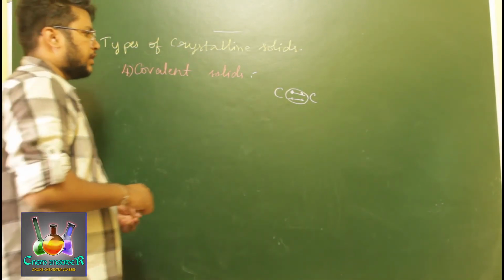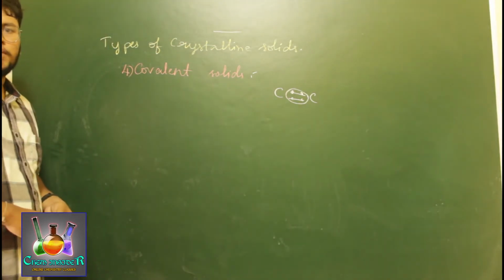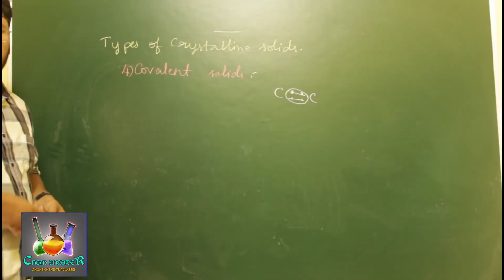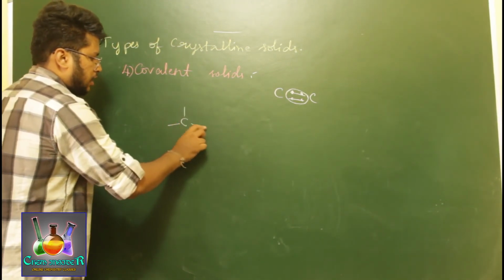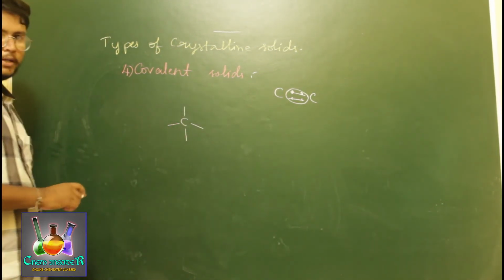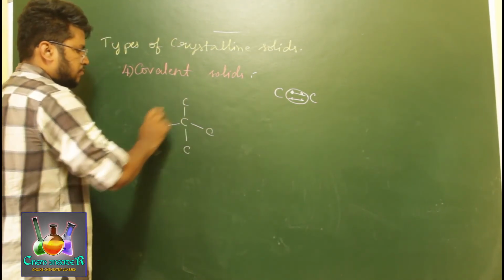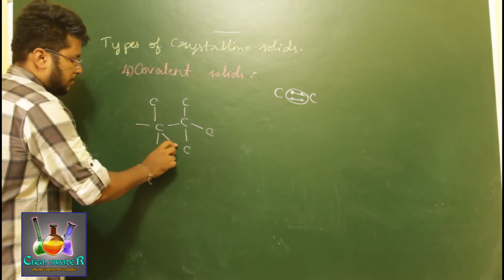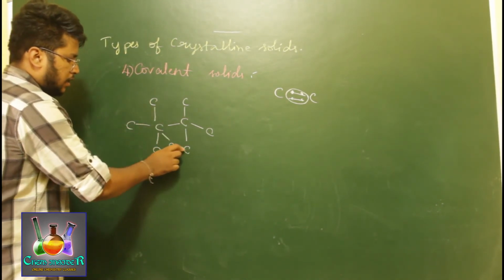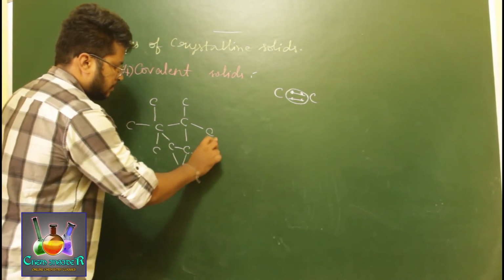Further, we know that carbon can form catenation. That means carbon can bond with multiple other carbon atoms, resulting in a strong chain of carbon atoms, like this. This carbon can further bond with 4 more carbons, and these carbons may further bond with 4 more carbons.